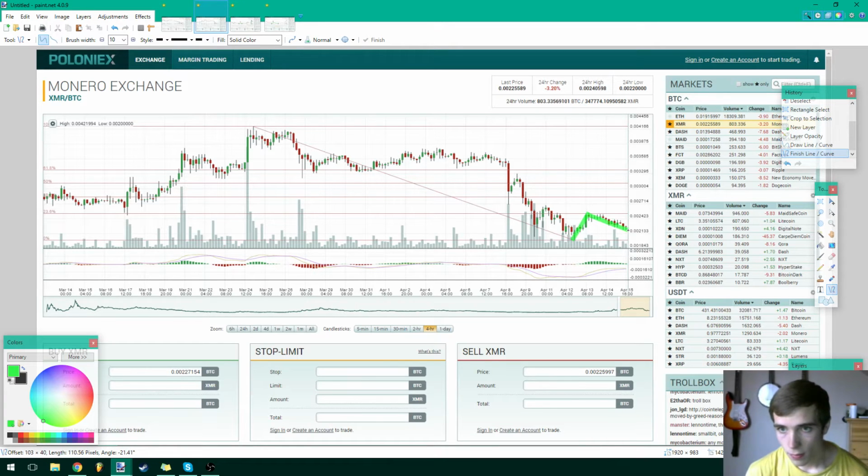And here it's coming down to test that 1 point again. If it breaks below this 1 point, then it will not be a 1, 2, 3 bottom formation, but if it doesn't break below the 1 point, it will be a 1, 2, 3 bottom formation, and I would put a buy order at the 2 point, which is 0.0024 Bitcoin per XMR.